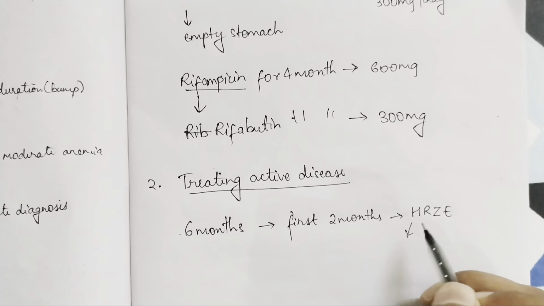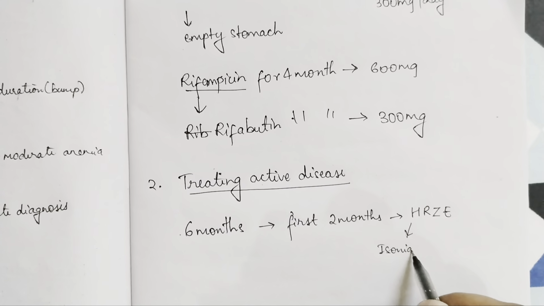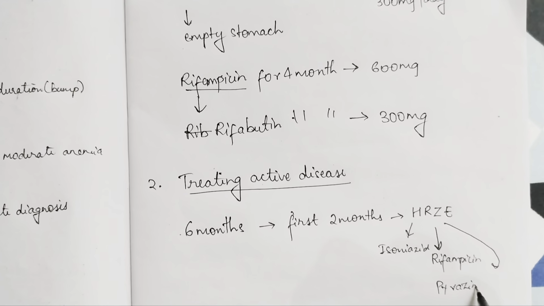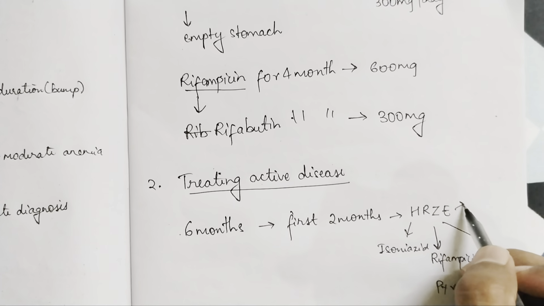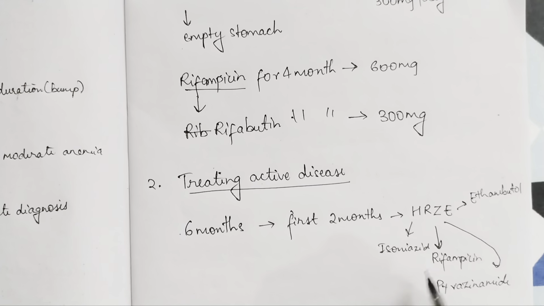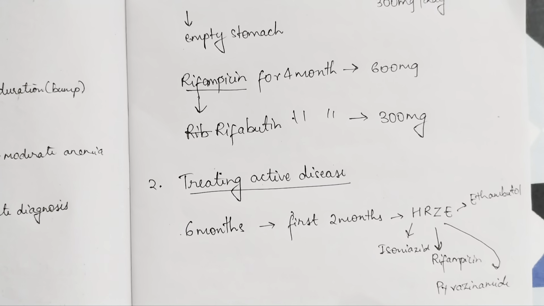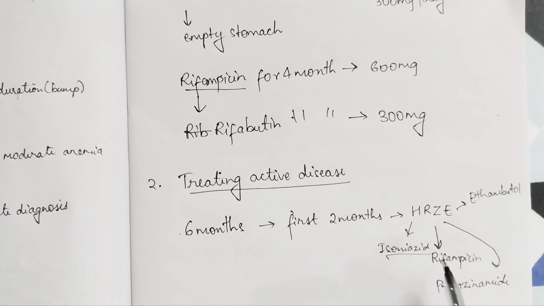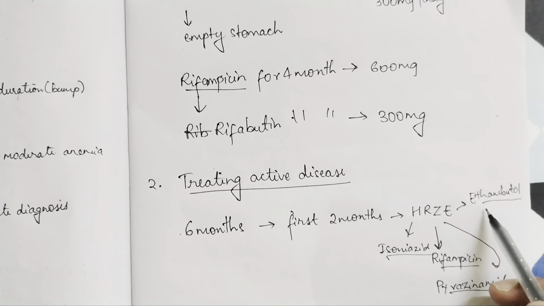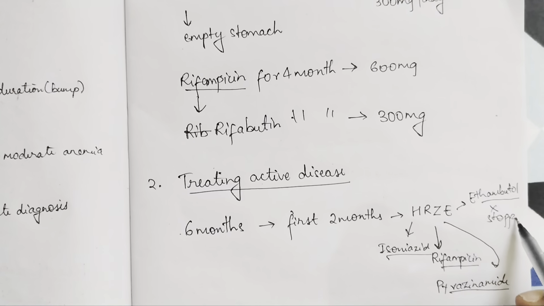HRZE, which is isoniazid, rifampicin, pyrazinamide, and ethambutol. For the next 4 months, HR can only be given, which is isoniazid and rifampicin. If isoniazid, rifampicin and pyrazinamide susceptibility is seen, then ethambutol can be stopped at any time.